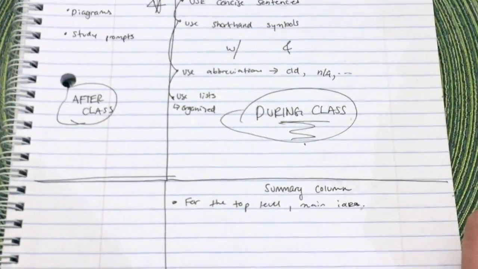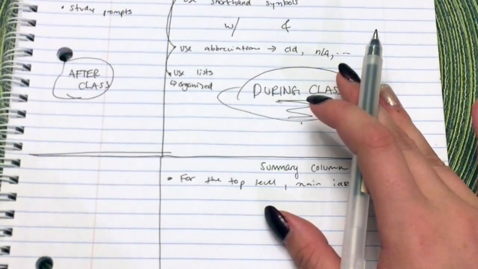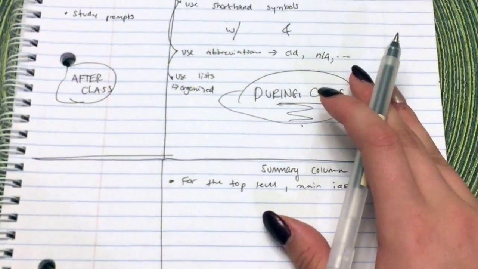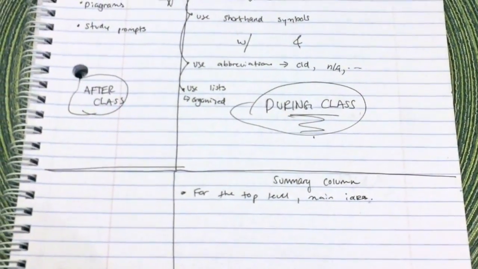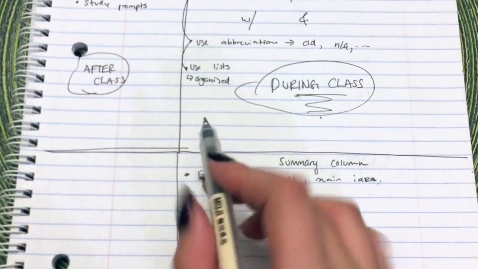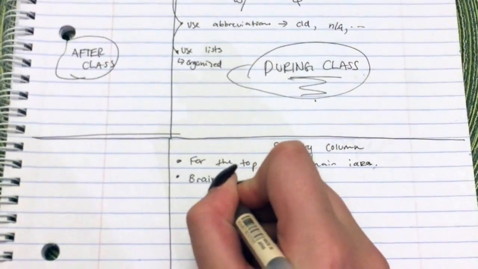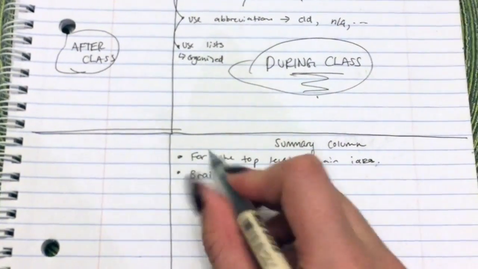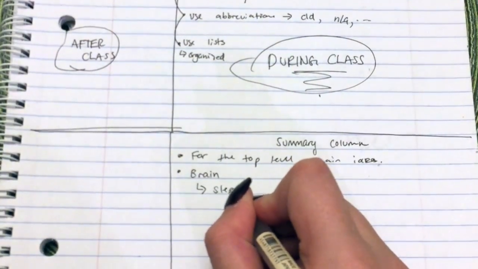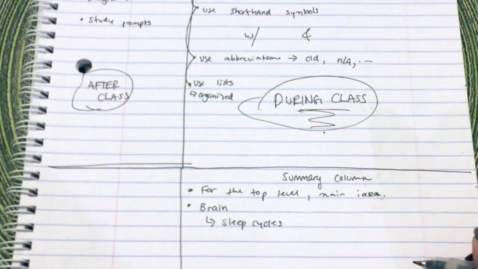A really easy way to find this is to go to your syllabus and just read what your professor wrote. So if your professor is talking all about the brain in class, but you're focusing on sleep cycles, that's how you're going to know that for the summary column, you're talking about the brain. And then you can write the brain and then write sleep cycles, if that's something that you were having problems with, for example.